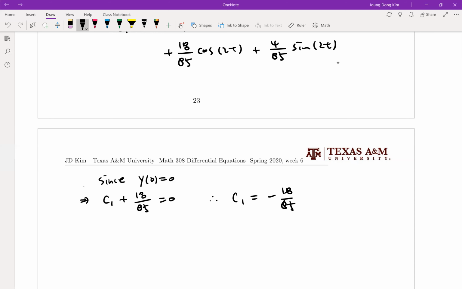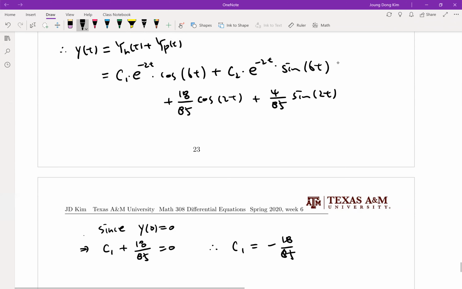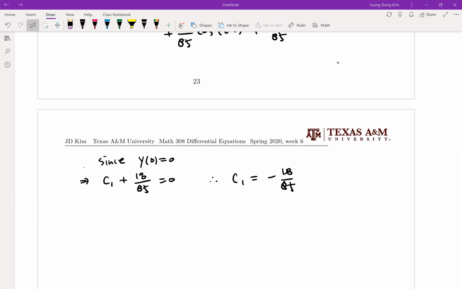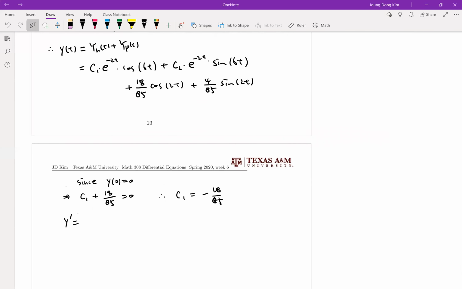Then to decide c2, we need y prime. Let me write y prime. It's a little bit complicated, but we can do it. Product rule, right? First of all, the product rule: negative 2 c1 e to the minus 2t cosine.